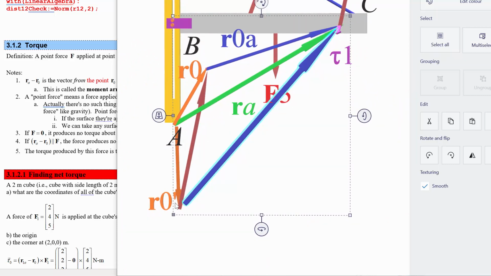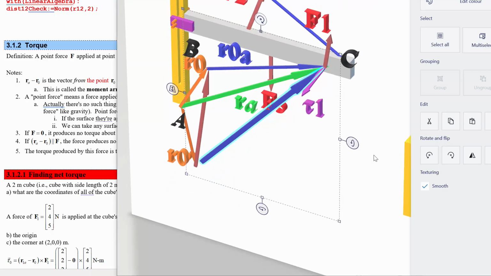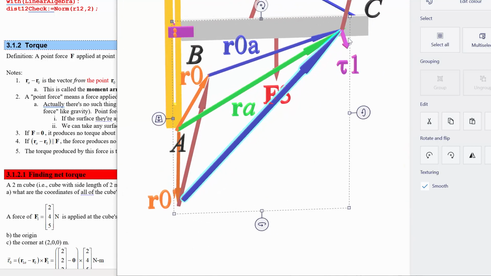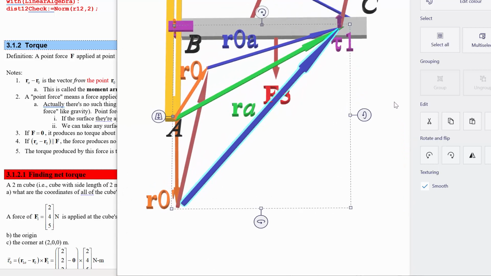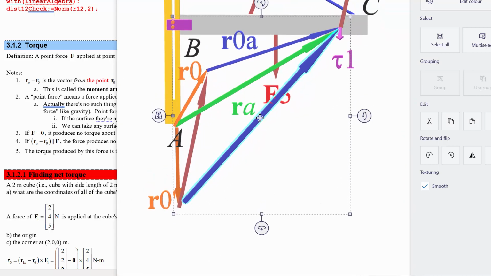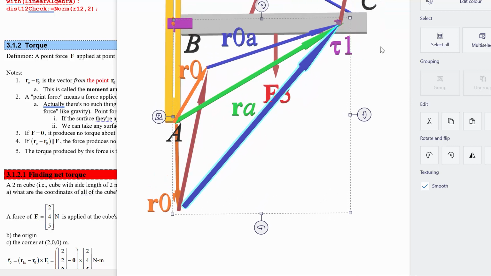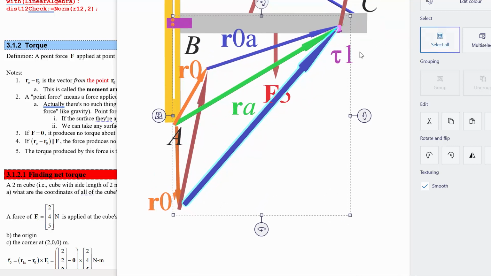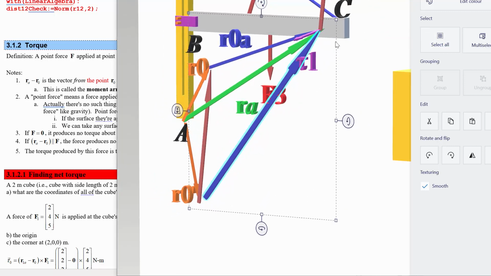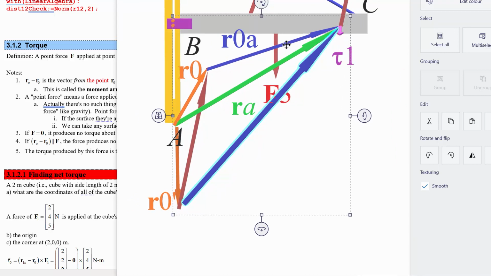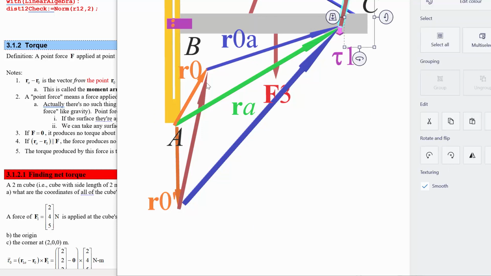All right, so this new displacement between where we're finding the torque and where the force is applied, F1, this crossed with F1 should give us the exact same torque as we had before. So even though this vector is longer, the amount extra that it's longer has not helped. It's not longer in the way that counts, which is the distance perpendicular from the line of action of this force, right?